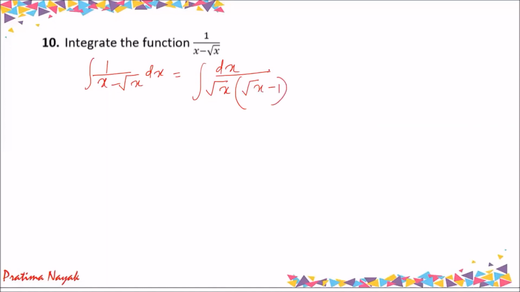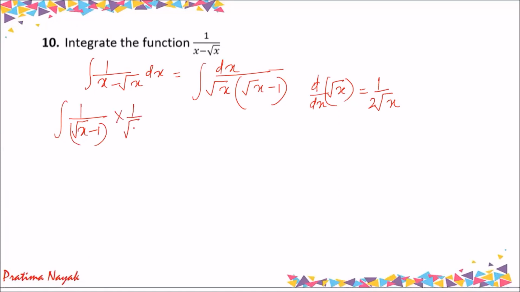1. See, here you have to recall one fact, that derivative of under square root x is equal to 1 by 2 root x. So this will apply here. I am getting 1 by root x here. So this can be written as this into 1 by root x dx.